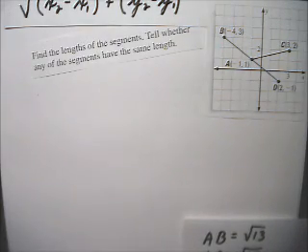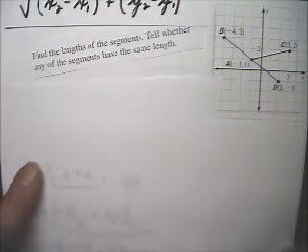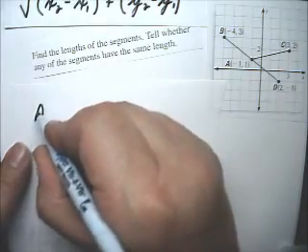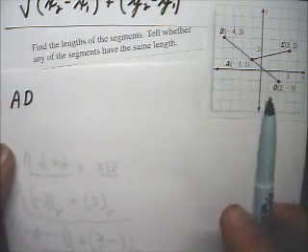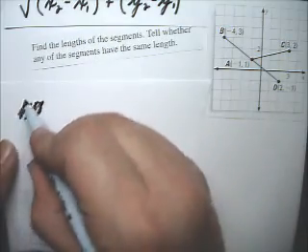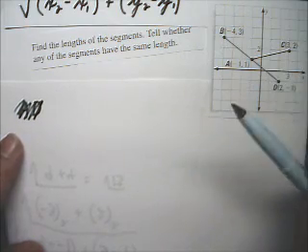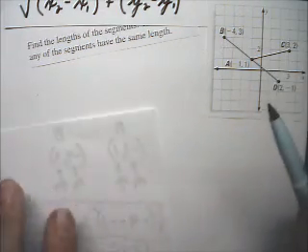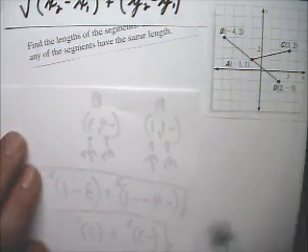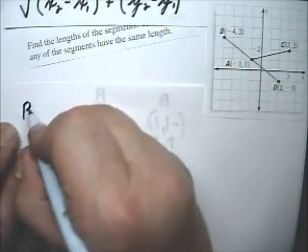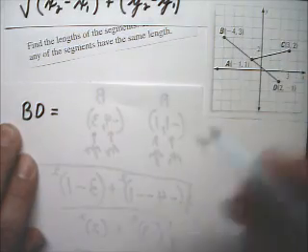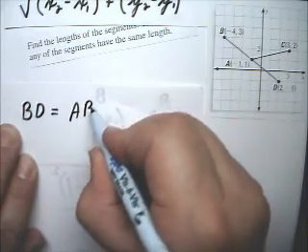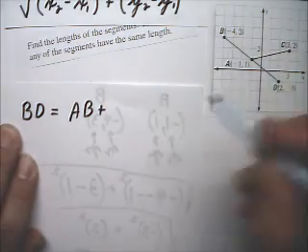So the last one to figure out is BD. BD is equal to AB plus AD.